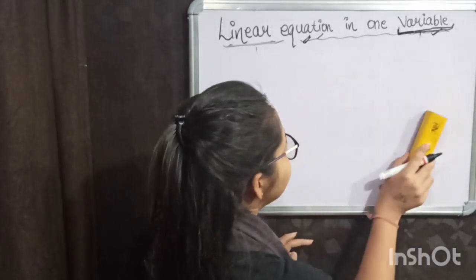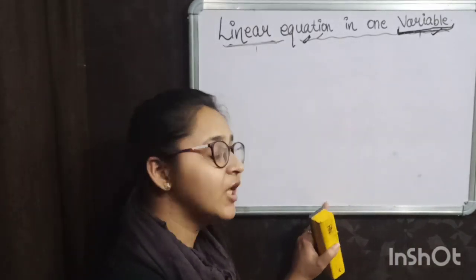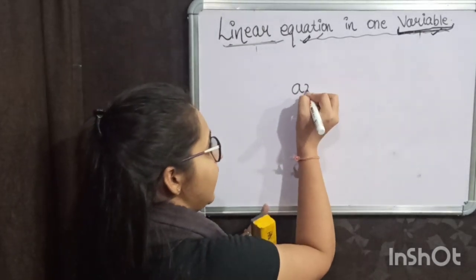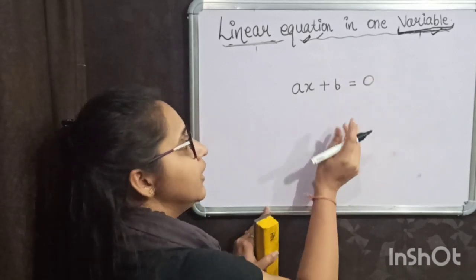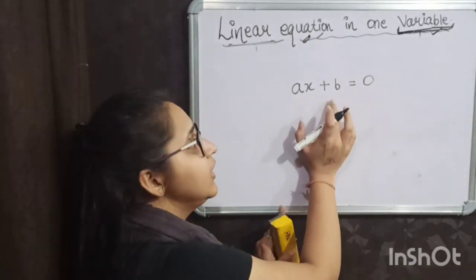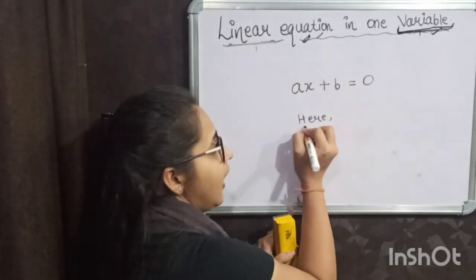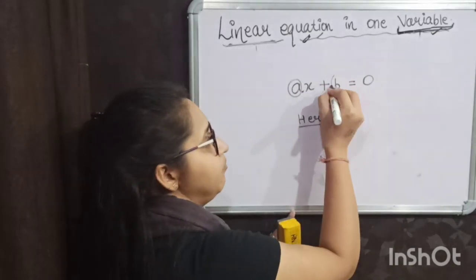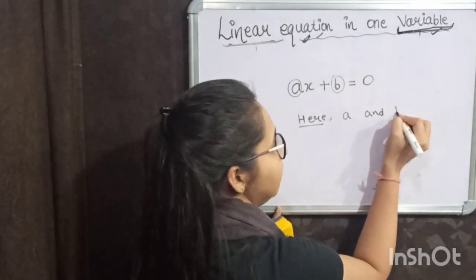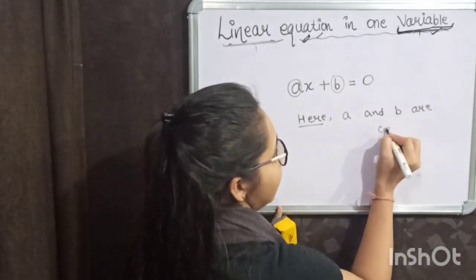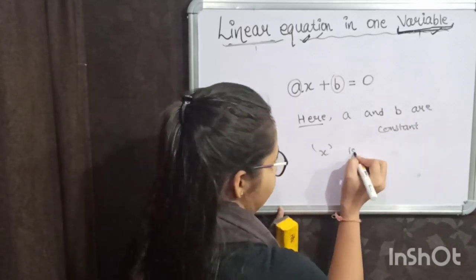So we conclude that we can write the general form of a linear equation as ax plus b is equal to 0. It is the general form of our linear equation in one variable. Here a and b are constants and x is the variable.